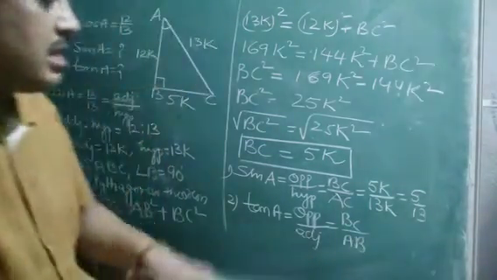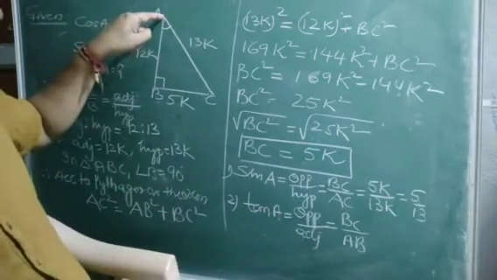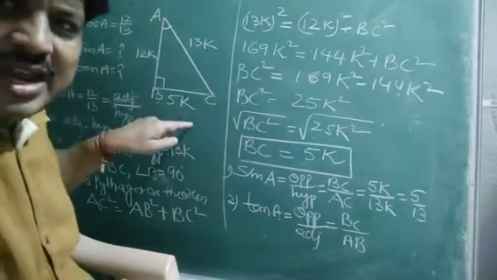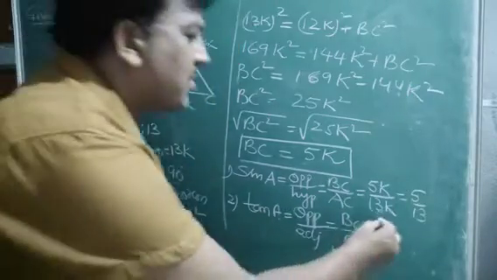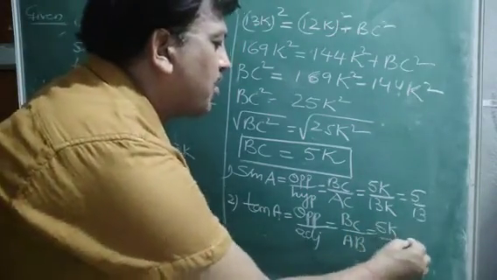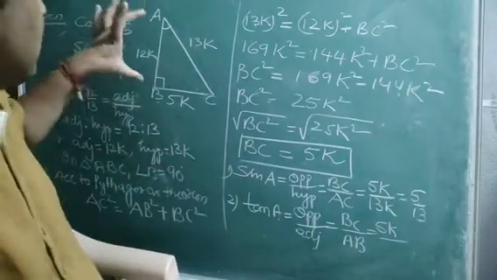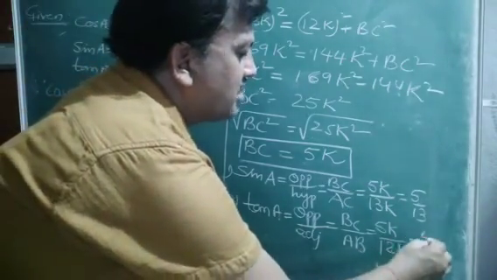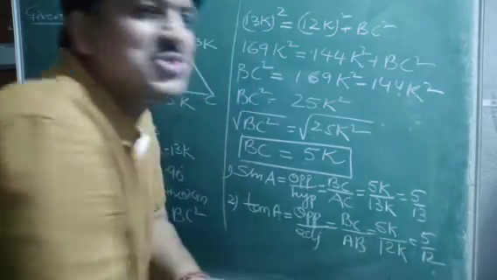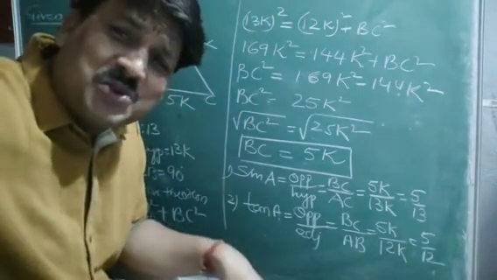Here we are considering angle A, so with respect to angle A we are deciding the sides, children. Remember it. BC side is how much? 5K. And AB side, how much, children? 12K. K cancels, 5 upon 12. Hope you understood the question very well.